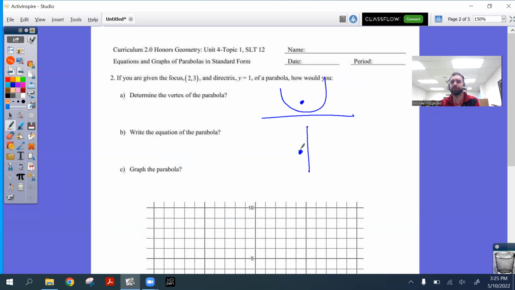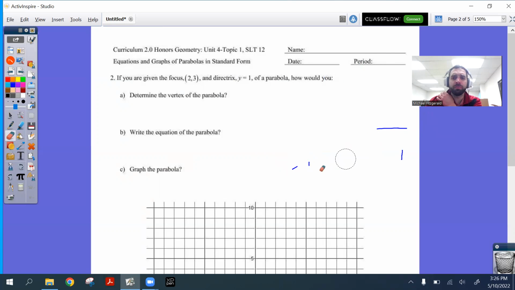If the focus is to the left of it, it's going to be opening to the left. If the focus is to the right of it, it's going to open to the right. If the focus is below it, it's going to be opening down. You can also somewhat tell by the orientation of the line. Is it vertical or is it horizontal? That narrows our search a little bit.